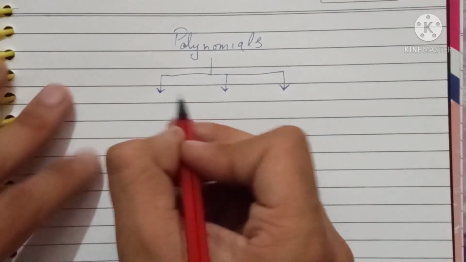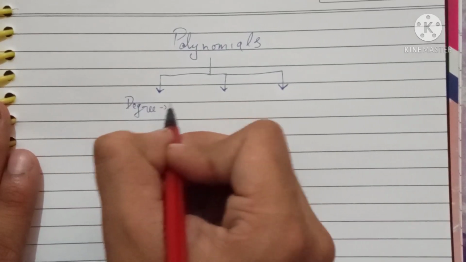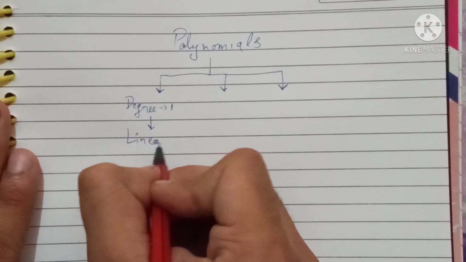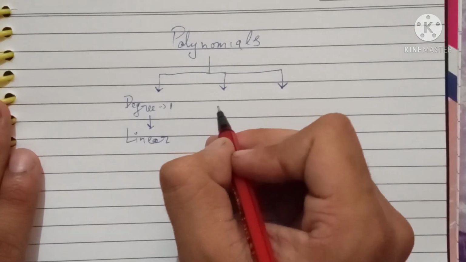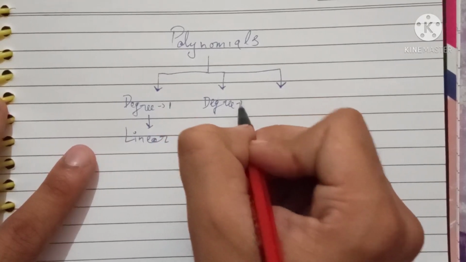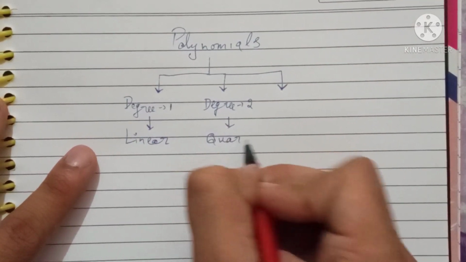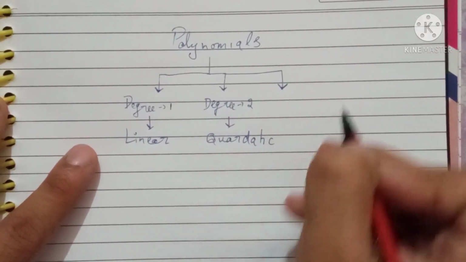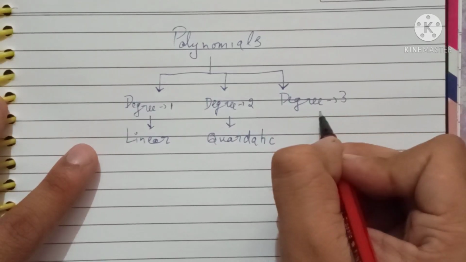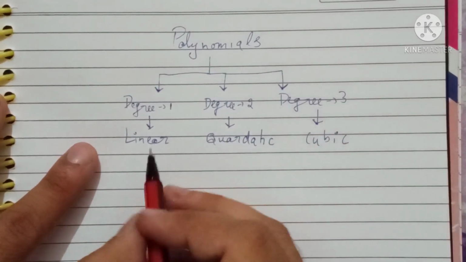Okay, if degree is 1, you would call that polynomial linear. If degree is 2, you would call it quadratic. If the degree is 3, you would call it cubic. You have to learn these terms.